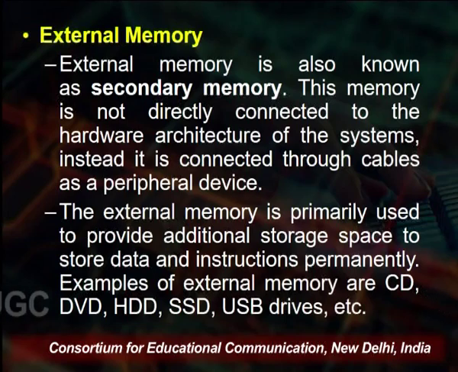Like the CD, DVD, HDD, SSD, USB drives, and external hard disk. These are not directly in the hardware architecture of the system, but are secondary devices. External storage and external hard drives are the secondary type of memory.